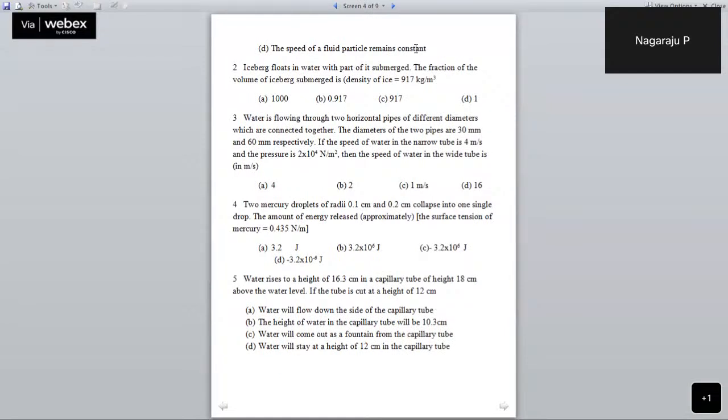Among all these, which one is the most suitable? The velocity of a fluid particle remains constant: it doesn't mean that only one particle remains constant or crossing a given position. The speed of a fluid particle.